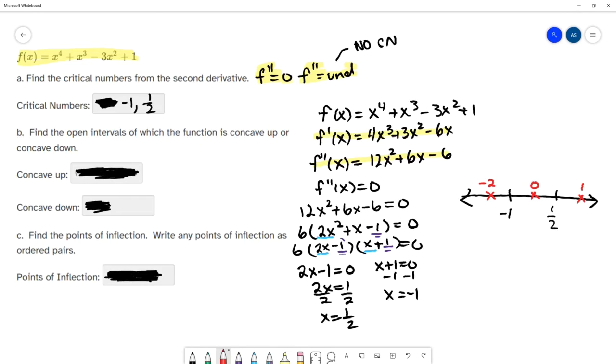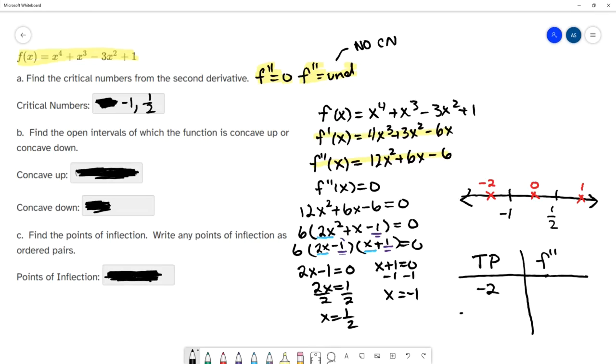And we want to substitute these test points into the second derivative. Let's see. So we have our test points being our x's, and we want to substitute into the second derivative.